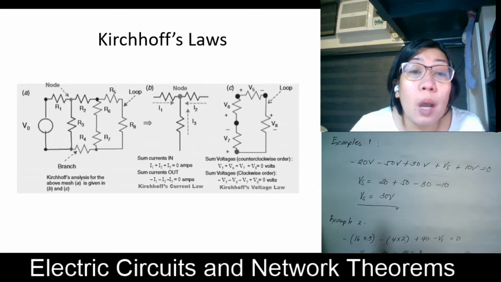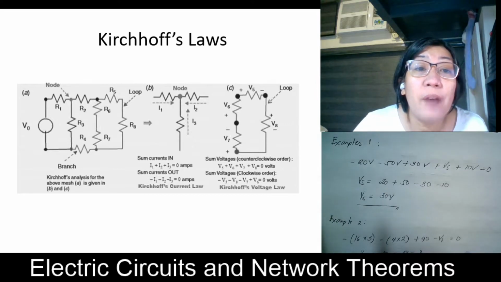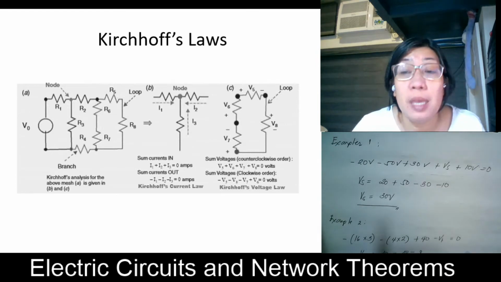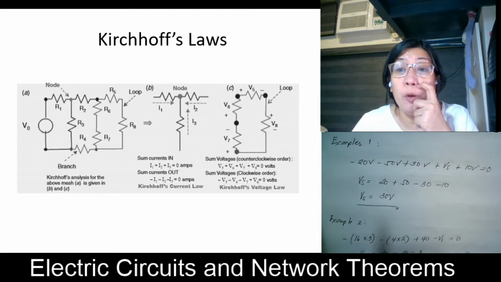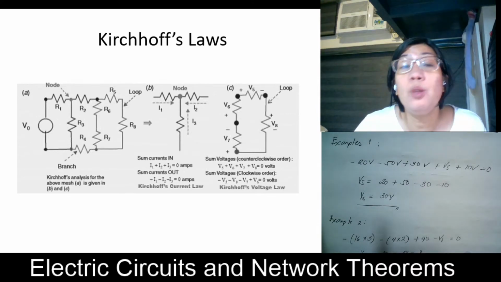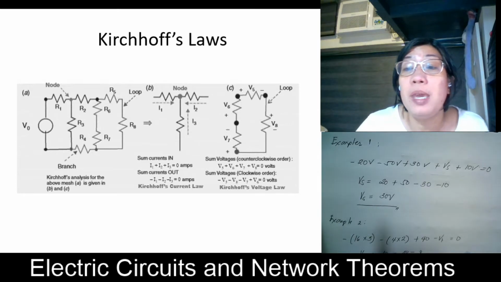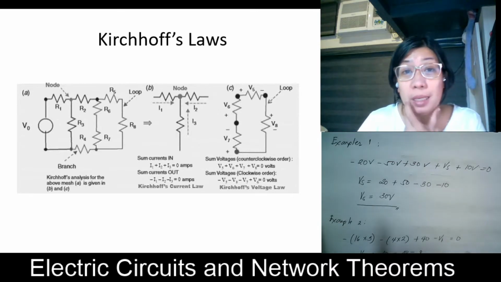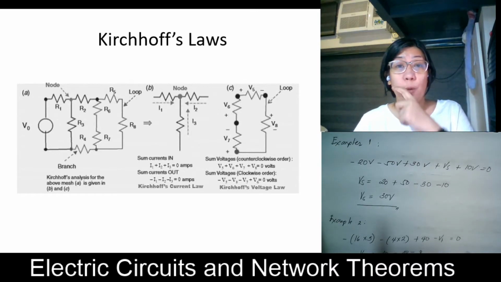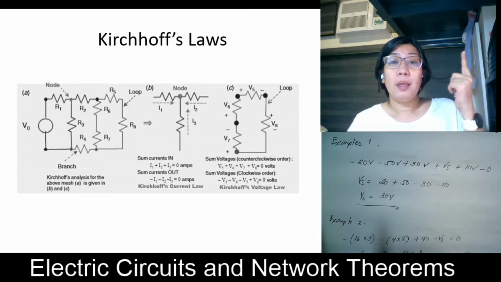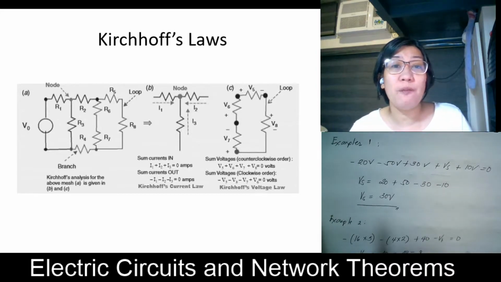So this is positive V5, positive V6, positive V7, positive V8 is equal to 0. If you go in a clockwise manner, that will become minus V5, minus V8, minus V7, and minus V6. So it depends on you if you want to count in a counterclockwise or clockwise manner. Okay, but you have to be very consistent.